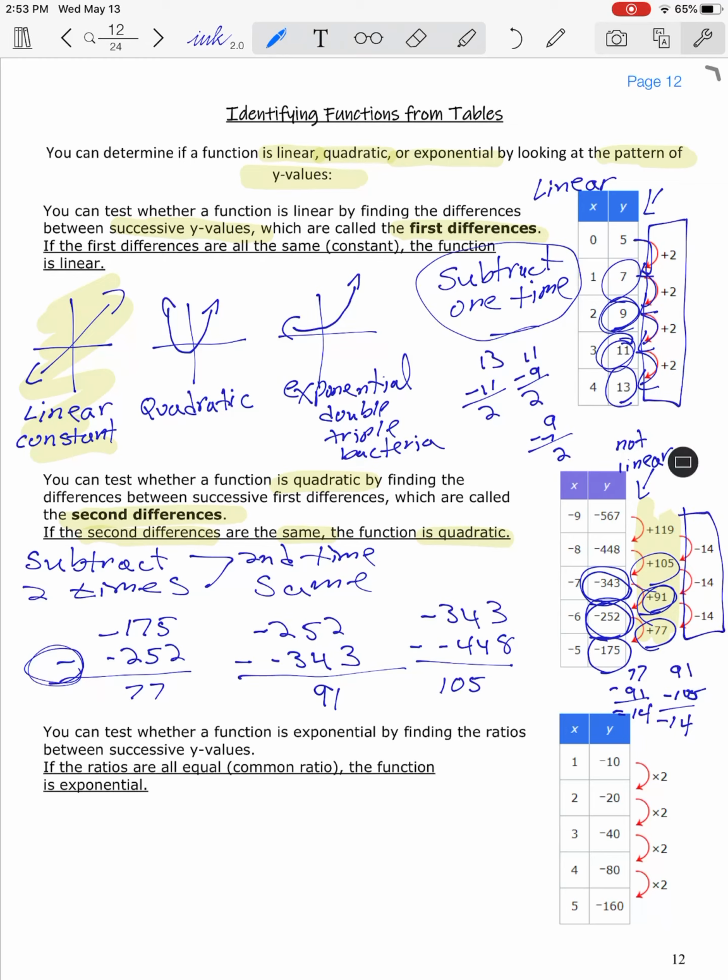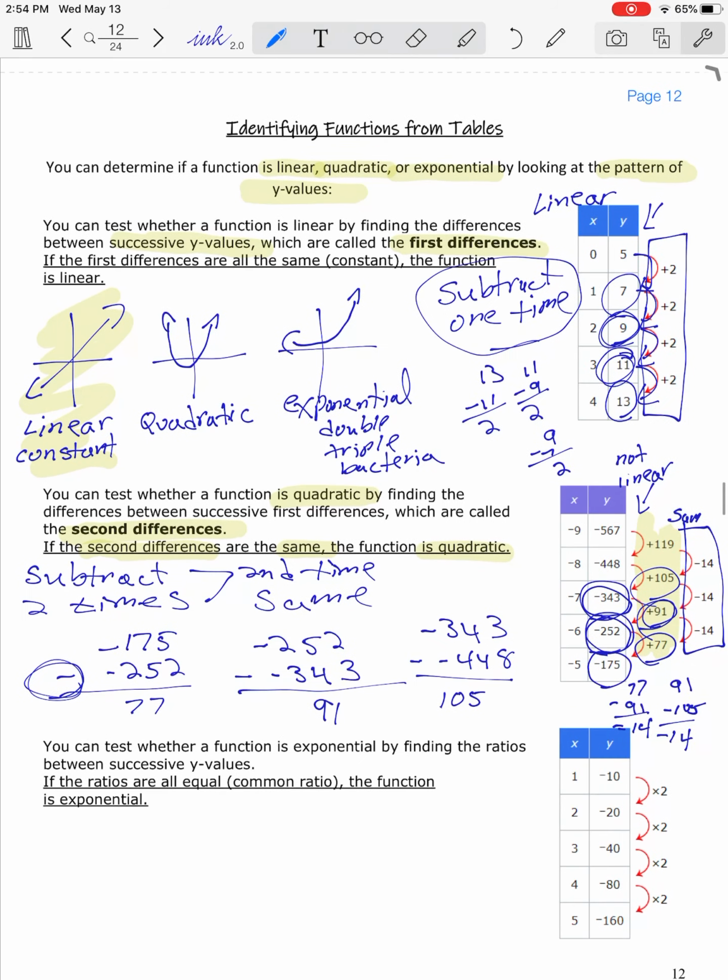And if you notice, these now, right here, are the same. Do you guys agree? So I subtracted how many times? Twice. If I subtract twice, then I know they are quadratic as long as they're the same. So that is an example of a function that's quadratic. So that means my answer there would look like that, quadratic.